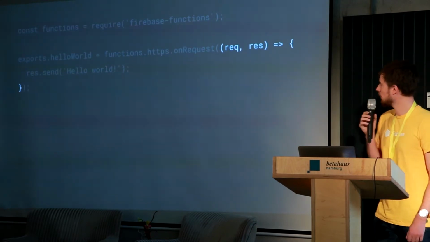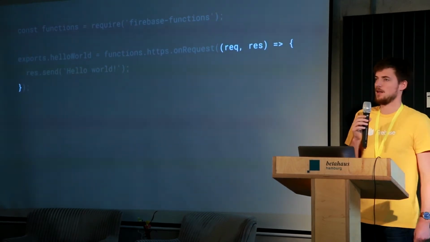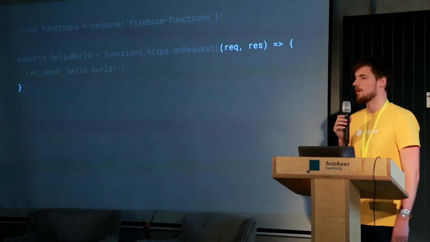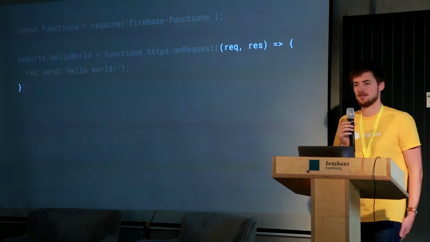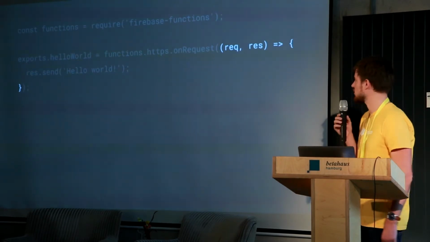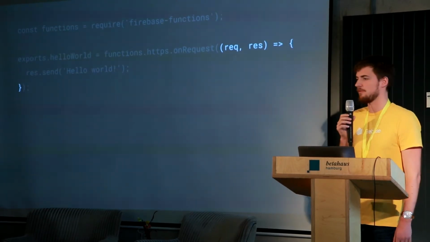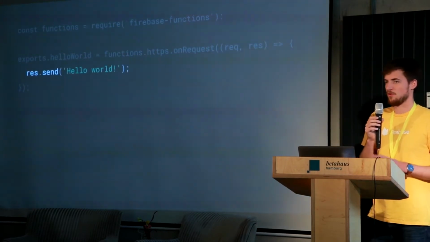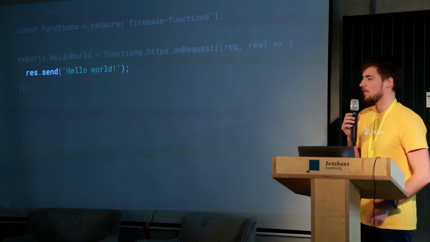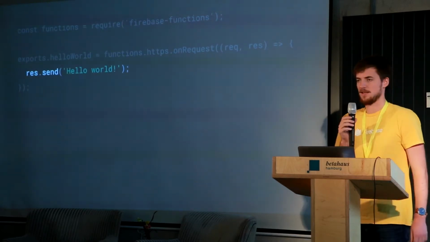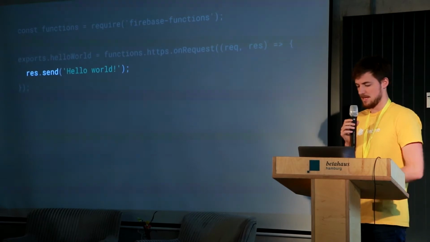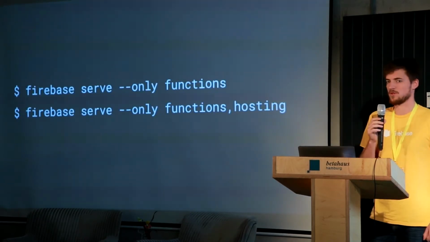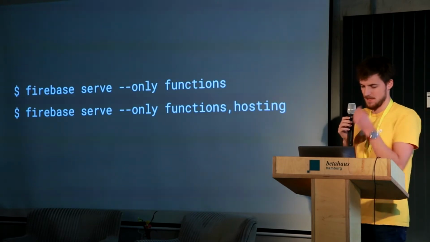We pass it in a function that is called, and HTTPS triggers use the popular Express.js framework. So the objects that get passed in are just normal request and response objects that you might be familiar with from Express.js. We'll go ahead and ignore the request, but we'll use the response object to send out a hello world. And now we're done. And with that, we have a scalable web server sending hello world.